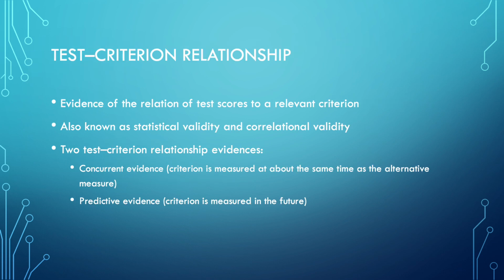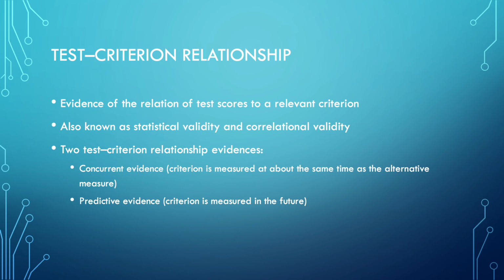The test criterion relationship is the relationship demonstrated by comparing test scores with one or more external variables that are considered direct measures of the characteristics or behaviors in question. It's the evidence of the relationship of a test score to a relevant criterion. It's also known as statistical validity and correlational validity.